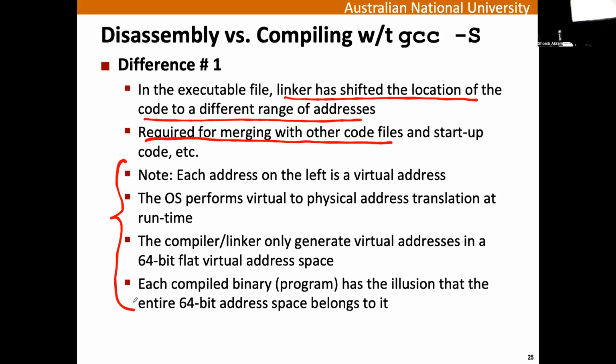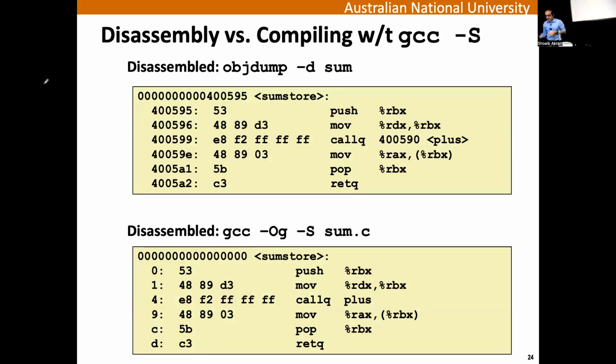So at this point, all the addresses are called virtual addresses. All these addresses here are in a virtual address space. This is a made up 64-bit address space that the linker is using. The linker is assuming that all this space will be available to this executable when it runs. It cannot make any other assumption because it has no clue at this point what will actually run alongside this executable.